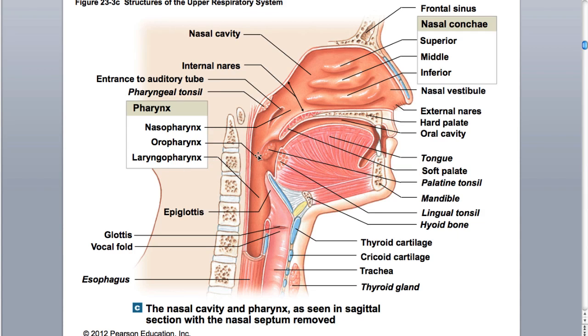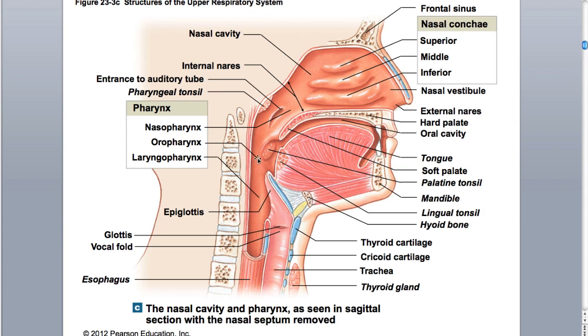And again, I told you that the pharynx is what? The back side of your mouth. Now, just as a clarification that we'll see later in chapter 24 on digestion, this area is your oral area, your true mouth. Authors sometimes call this area here pharynx proper.